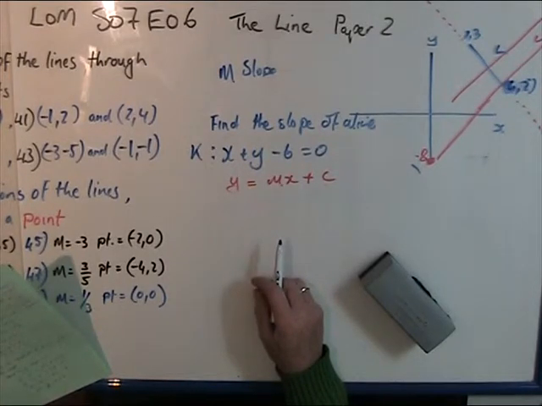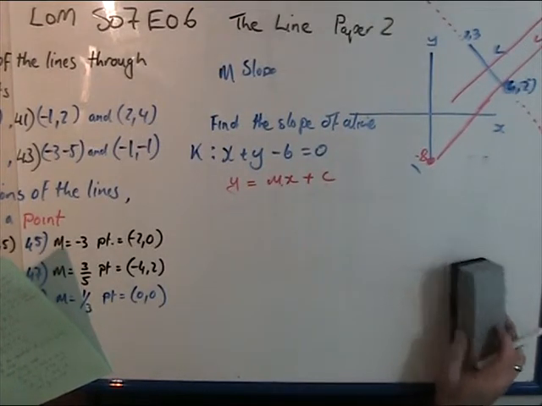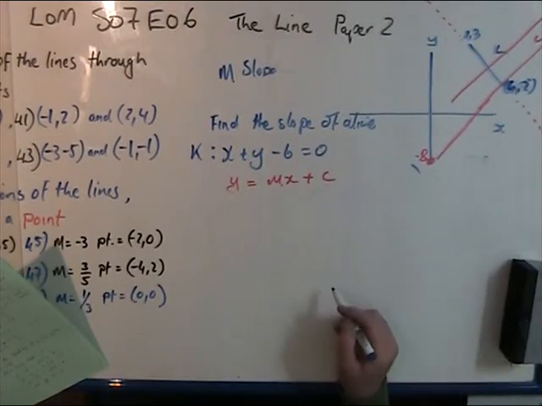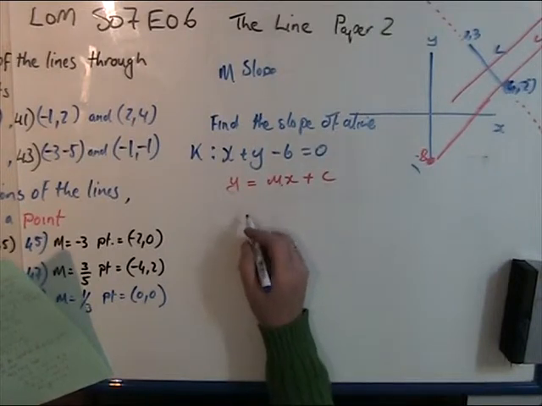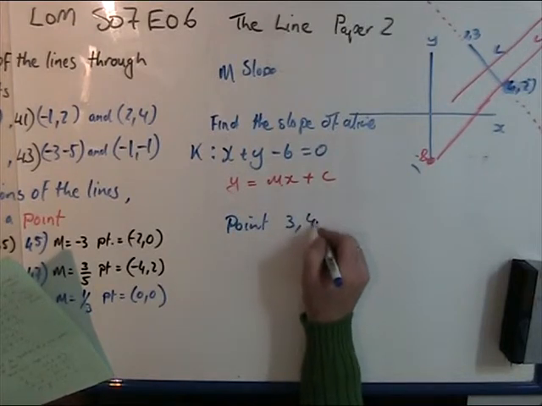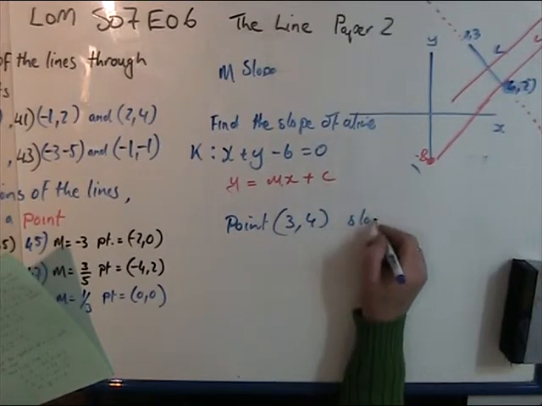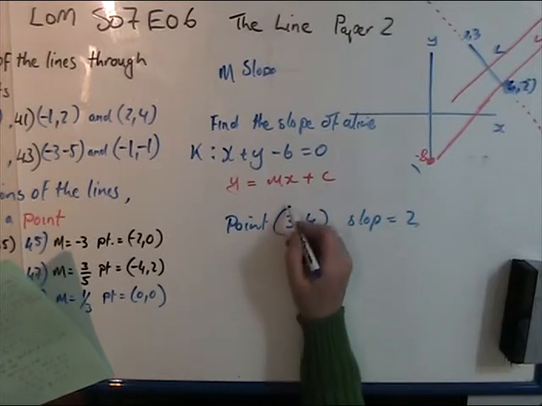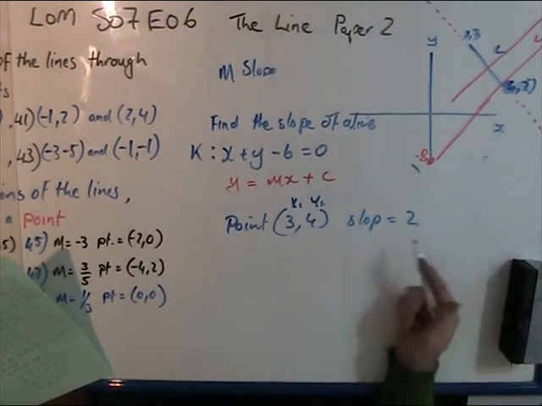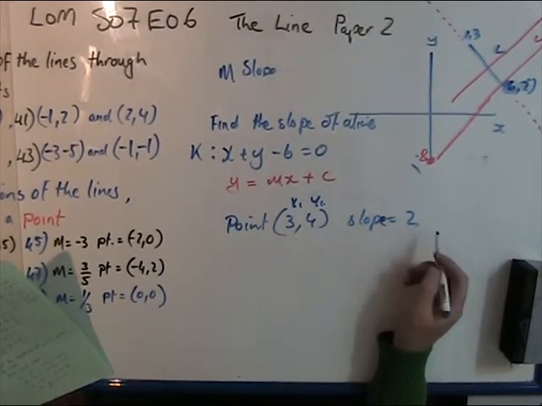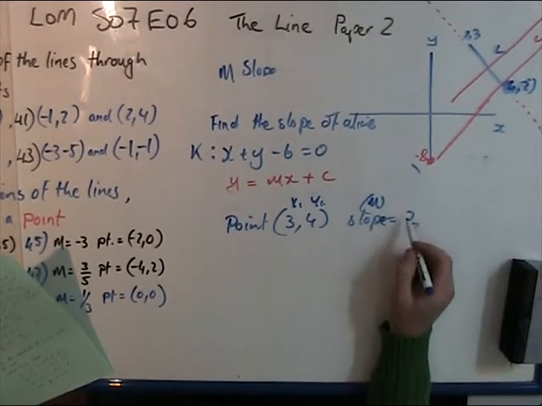Find the equation of a line given its slope. Well, you know how to do that. Well, we'll try 1. Find the equation of the line through the point 3, 4, and the slope is equal to 2. I'm just repeating this. So x1, y1, we have a set of points, that's 1. Number 2, we have the slope m as well.